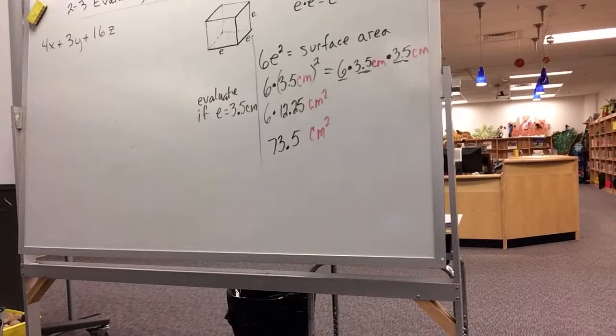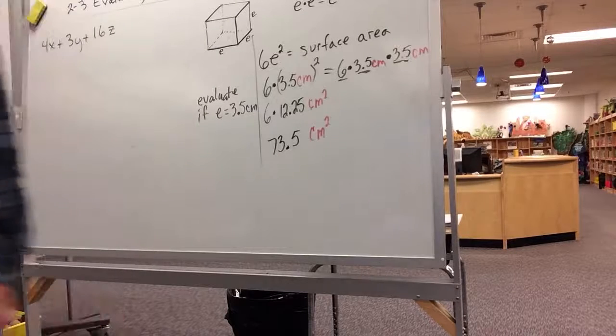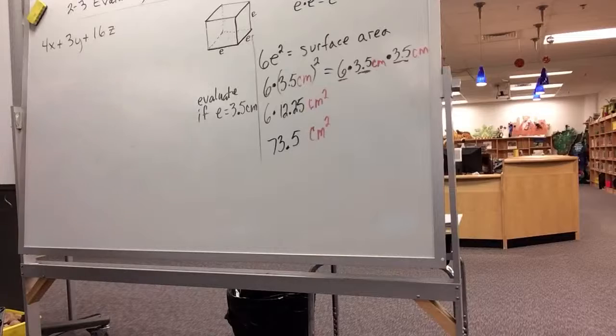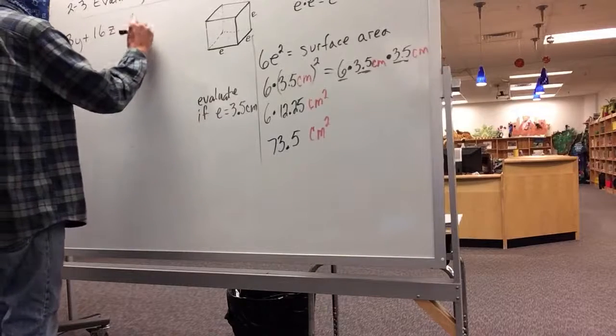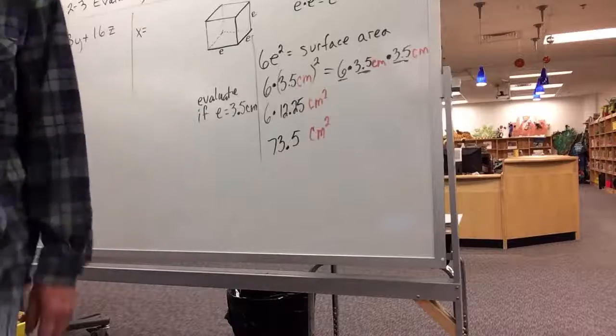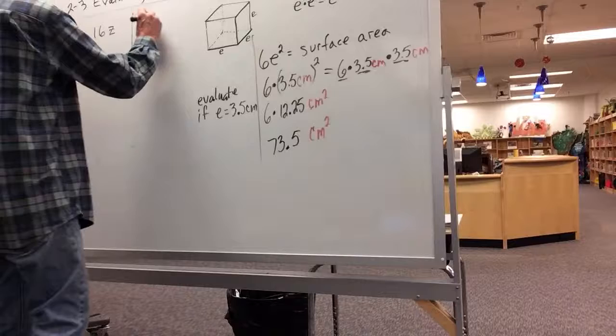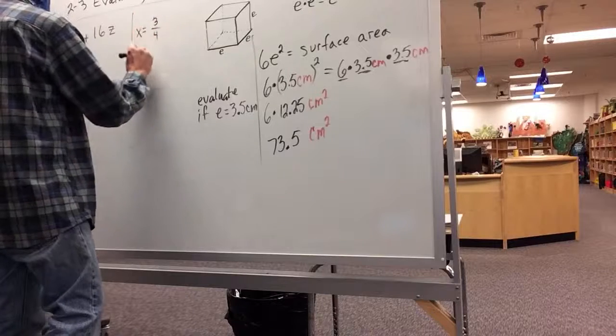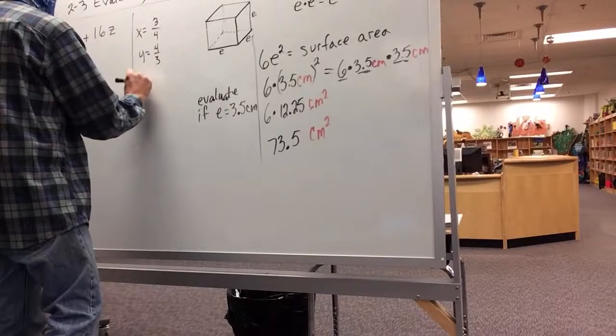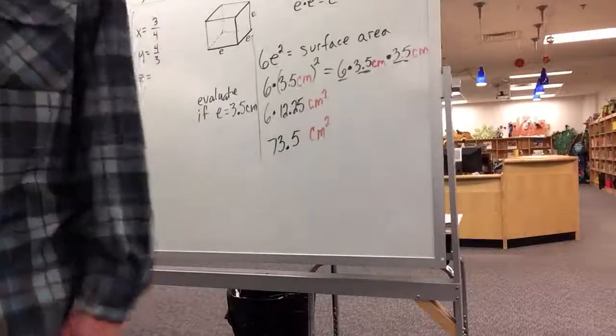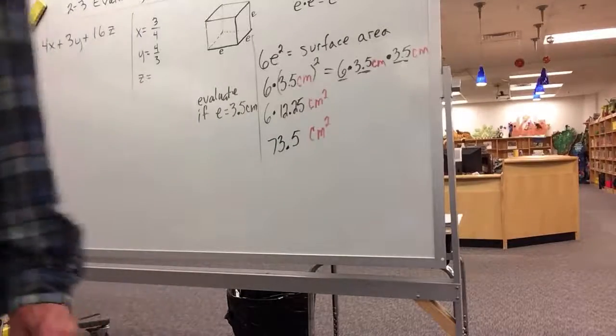This one doesn't have any units, so this is just going to be numbers that get put in place. They're asking us to evaluate when x is 3/4, y is 4/3, and z is 5/16.